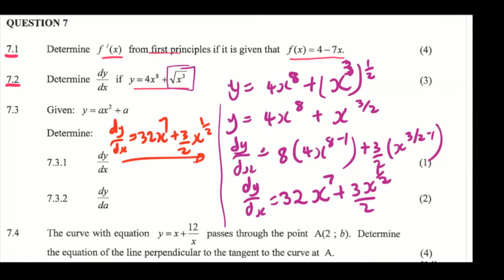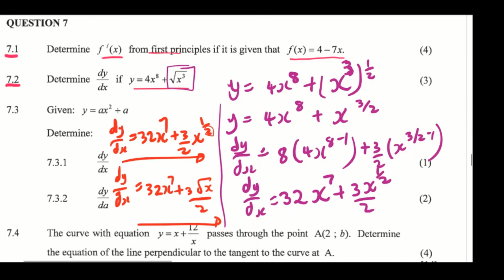So this is the final answer, but if you don't want to write it like this, you can just say dy over dx equals 32x to the power of 7 plus 3 times the square root of x, because there is a 2 at the bottom, divided by 2, not the entire thing, but just this one divided by 2. So this is the final answer of this problem here.